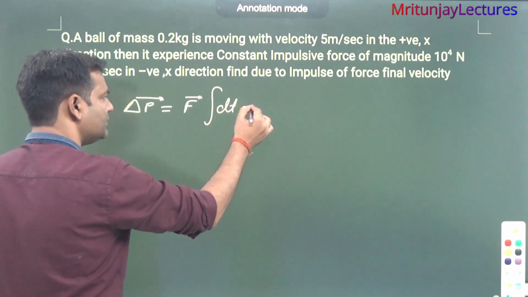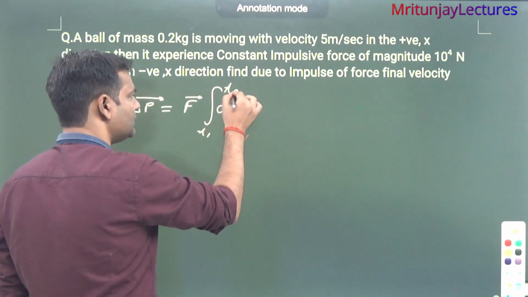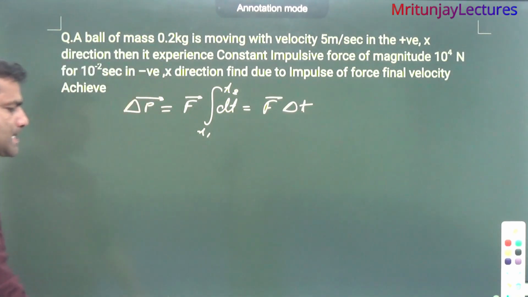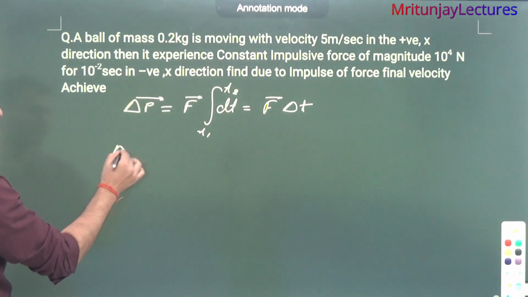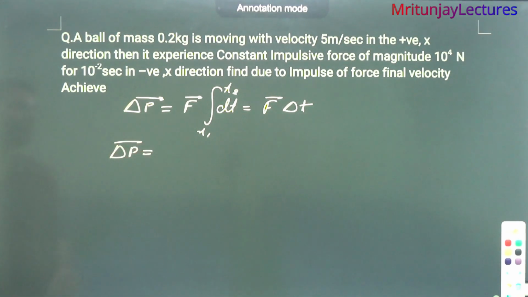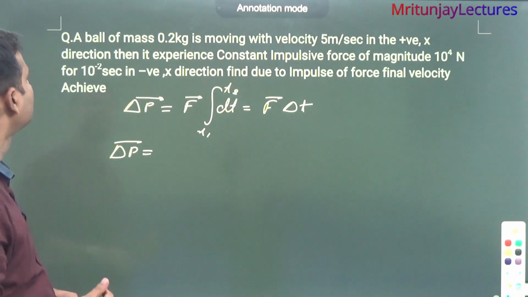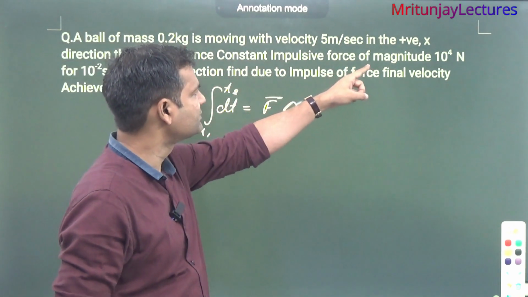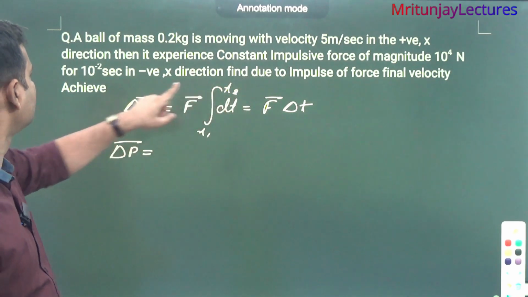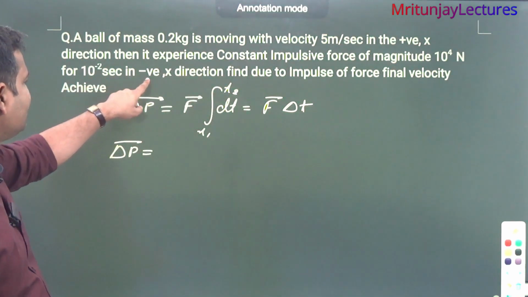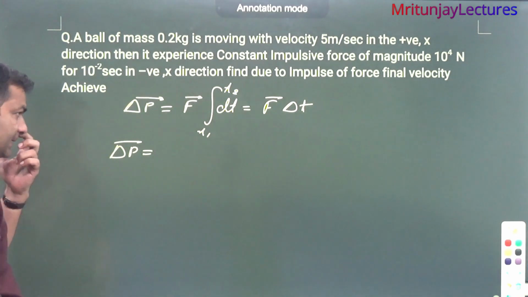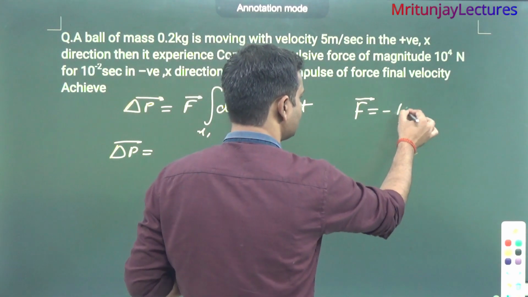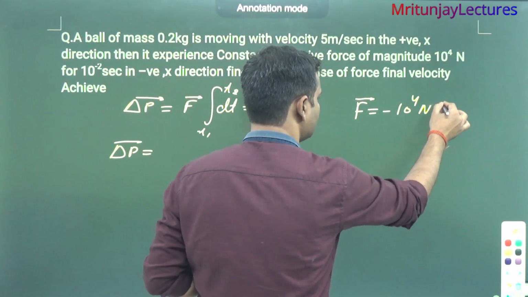The ball is moving in the positive direction, and the constant impulsive force of magnitude 10 to power 4 Newton acts in the negative x direction, so F is minus 10 to power 4 Newton i cap.